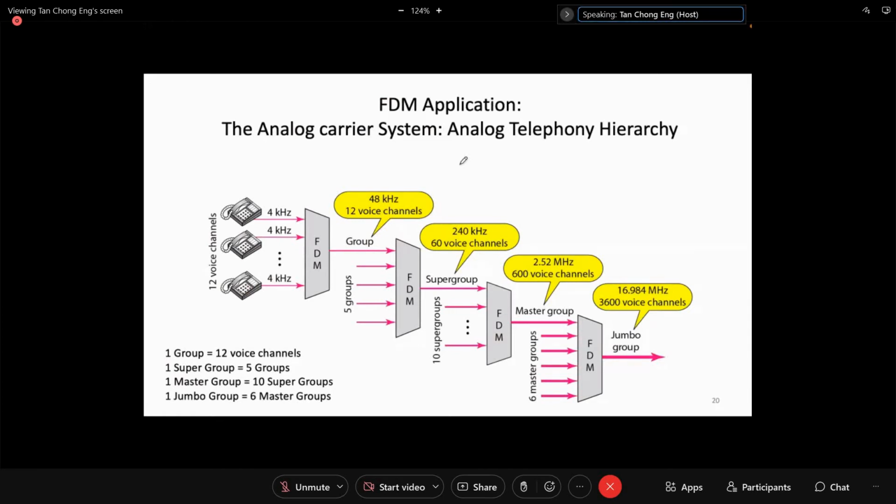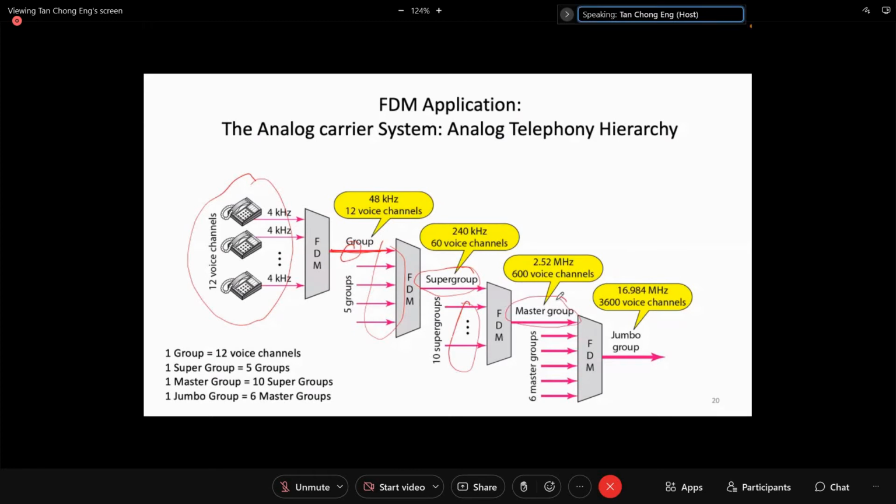So this is exactly what you see in a telephone hierarchy system. All these will be combined, where this is the telephone at your home and your neighbor's home. They will combine under one group here. Then you have multiple groups here, combined again. Then you create a super group. Then many super groups combine again to create a master group.